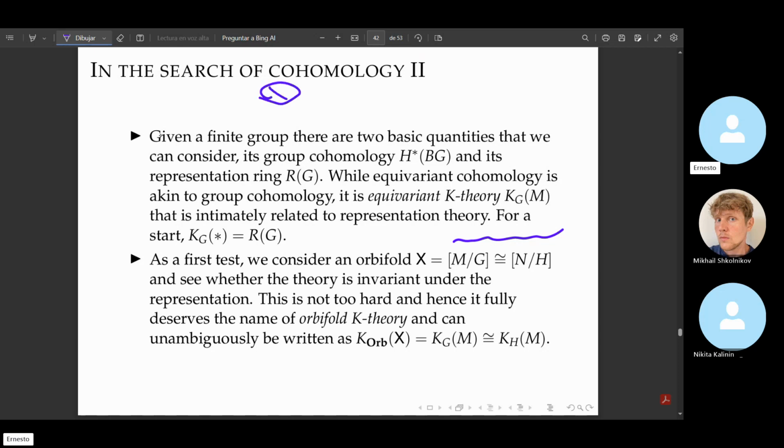Suppose that you have a disk and then you divide it by Z mod 4. And then you get this thing. You see what I mean? Yes. But now you have two disks and you divide it by Z mod 4 cross Z mod 2. Z mod 2 just exchanges the disks. You see what I mean?